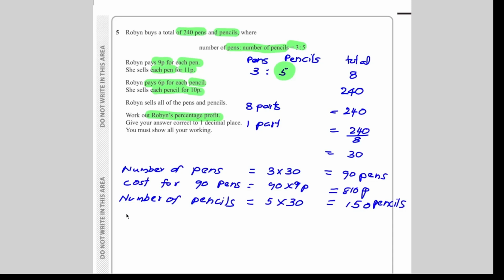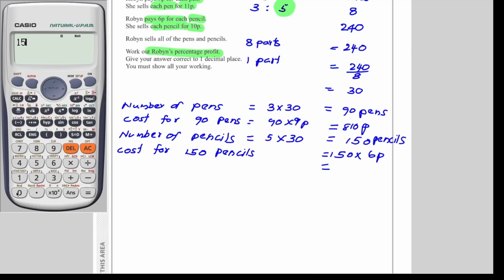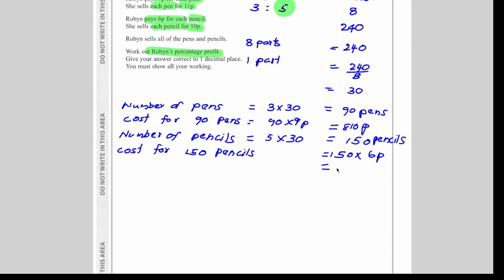Then the cost for 150 pencils. Each pencil costs 6. Once we multiply 150 by 6, 150 multiplied by 6 gives out 900 pence.